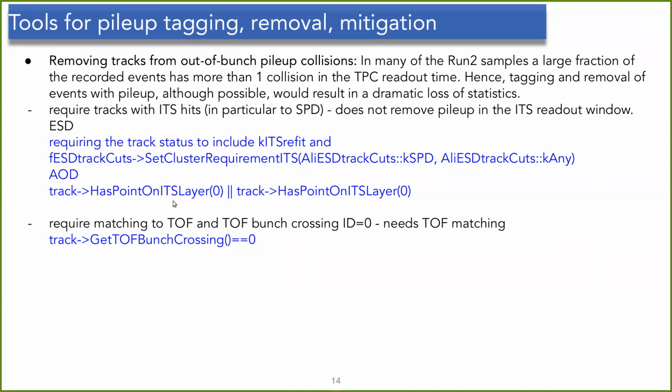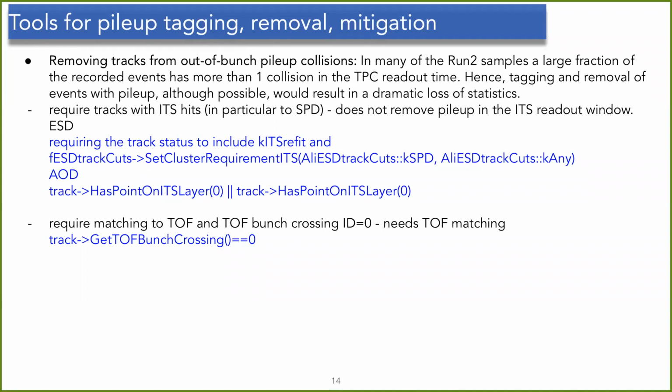Now, in addition to that, there are other additional requirements at the track level that you can use to remove these pileup tracks. That is basically by using the information of TOF. If you check whether the track has any hit in the TOF or not, then in most cases a track coming from pileup will not have any hit in the TOF.